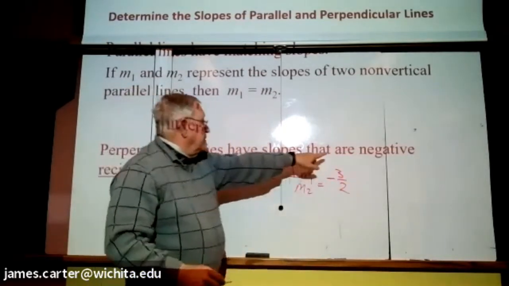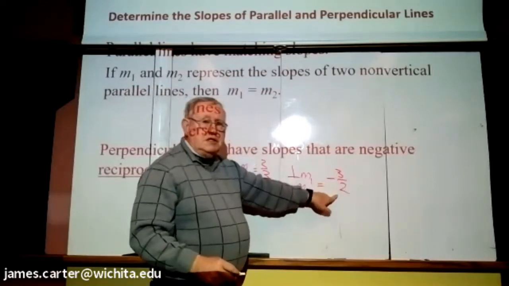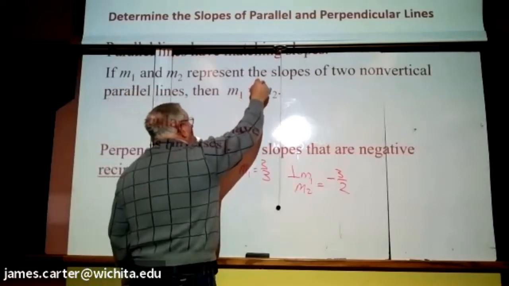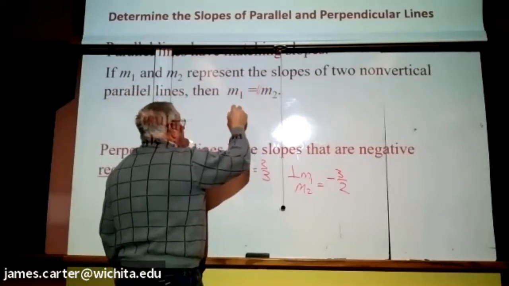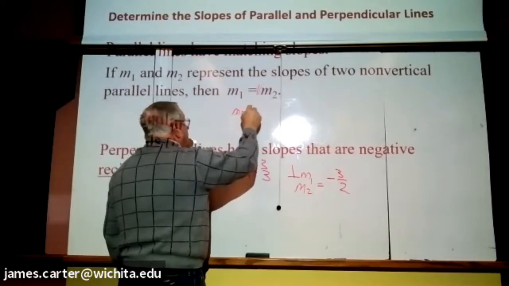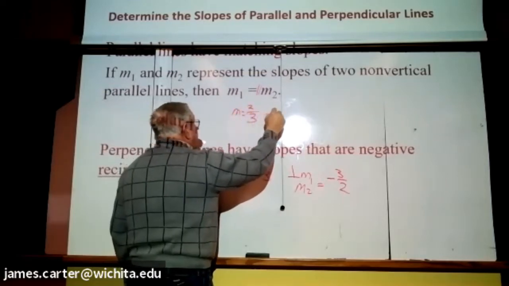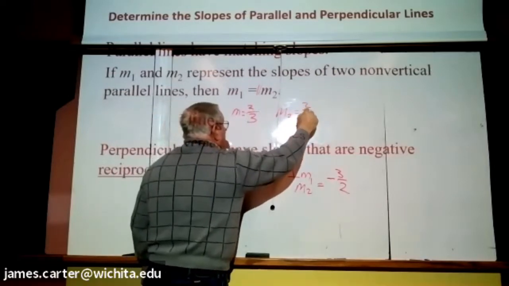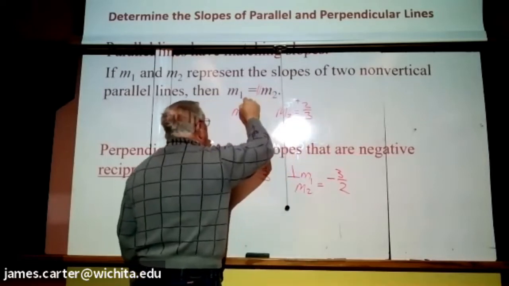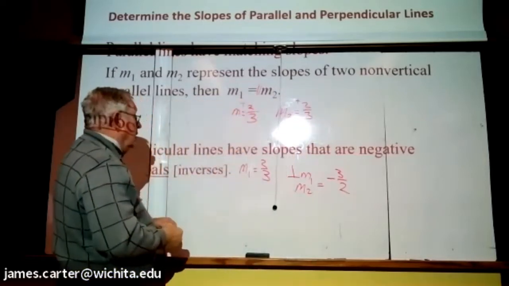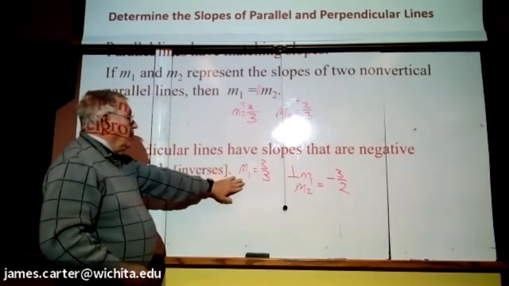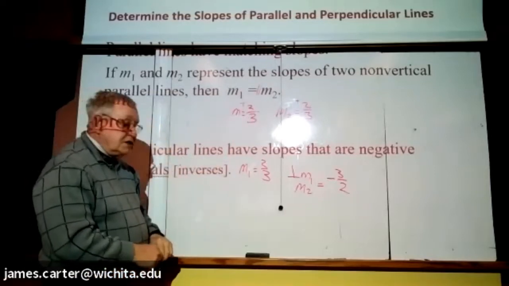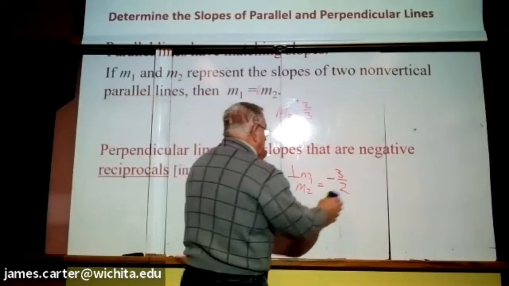Notice they are opposite of sign and the reciprocal. Here, for the parallel, if you had M equals 2/3 again, then our M2 would also be 2/3. If it's positive 2/3, it'd be positive 2/3. Now, other than that, your primary tool for dealing with perpendicular and parallel lines is the point slope formula.